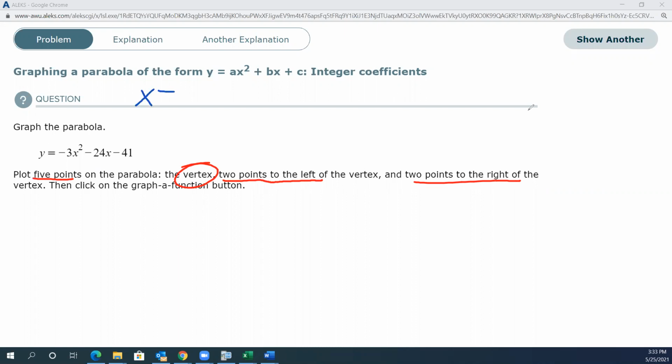The x coordinate of the vertex is always -b over 2a. Well, b is -24 and a is -3. So that's going to simplify to -4. So that's the x coordinate of the vertex.